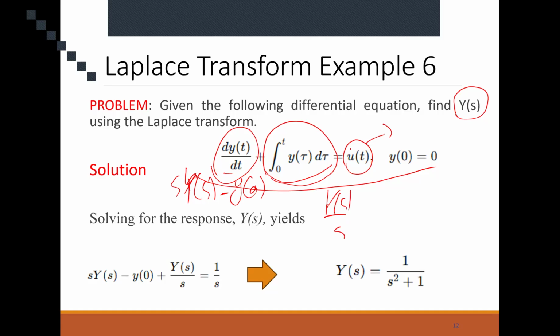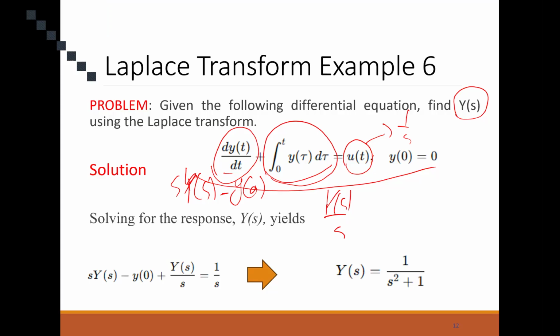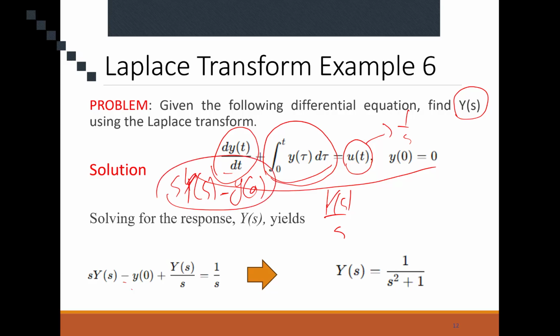And we remember the Laplace transform of the step function is 1 over s. And we know that the Laplace transform is a linear transformation. So if we have a summation of different functions, the Laplace transform of them would be the summation of the Laplace transforms. So it is going to be s y of s minus the initial condition, plus y of s over s, the integral one, is equal to 1 over s.